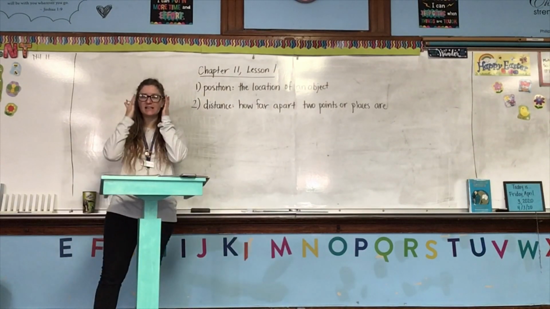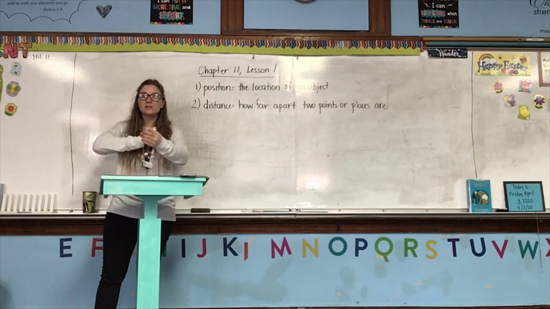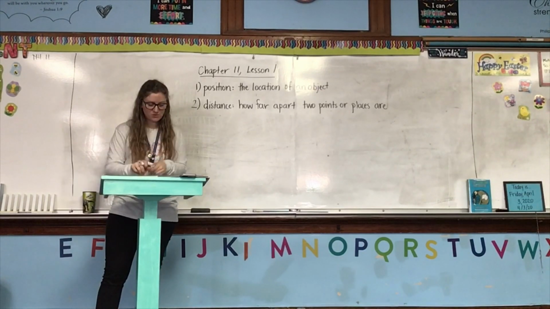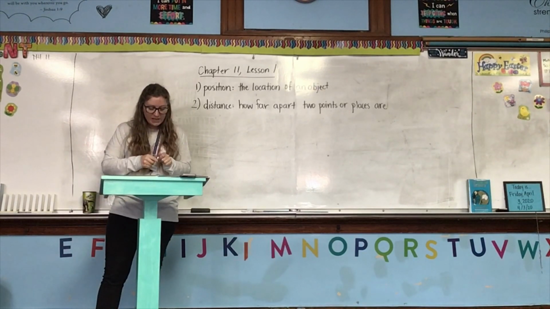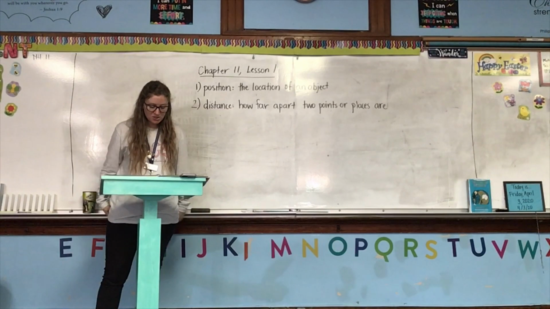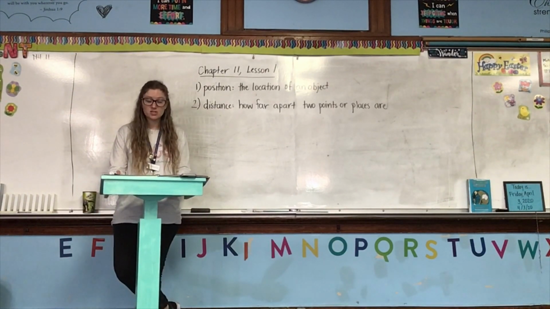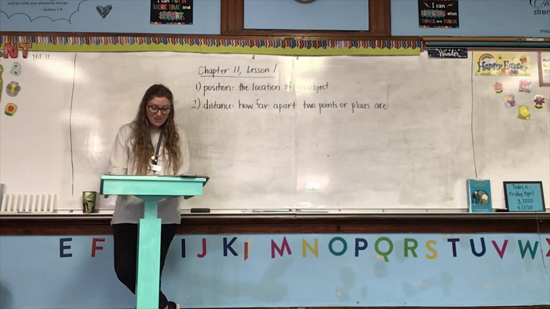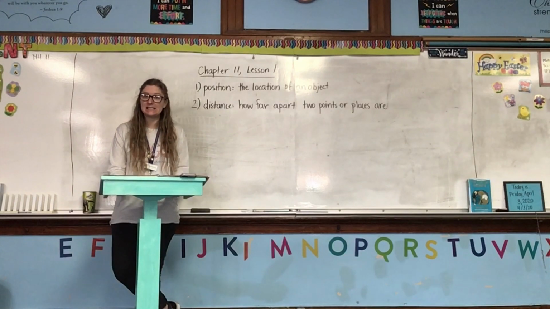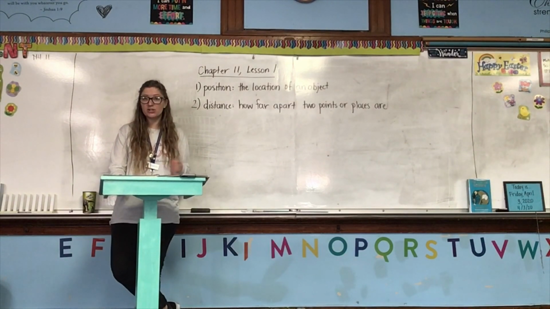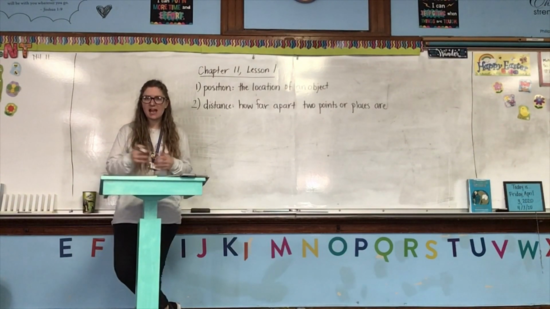We know if we're trying to say the distance from here to Nashville, we're saying how far apart Memphis and Nashville are. We can give distance as a measurement. For instance, New York City is about 370 kilometers or 230 miles from Washington, D.C. We can add that New York is north and east of Washington, D.C. So when you're saying distance, you're saying how far apart.